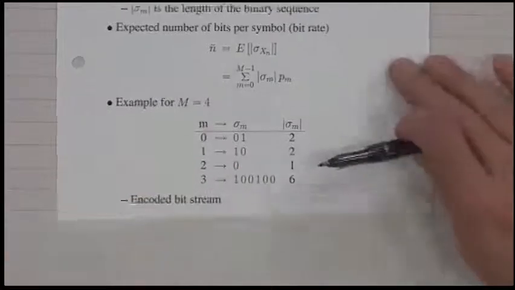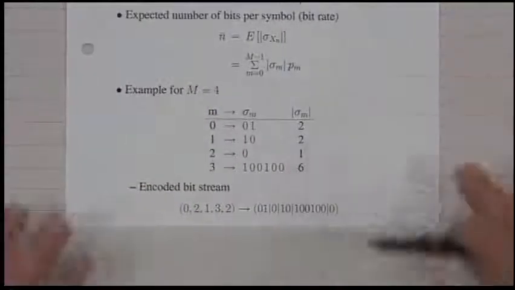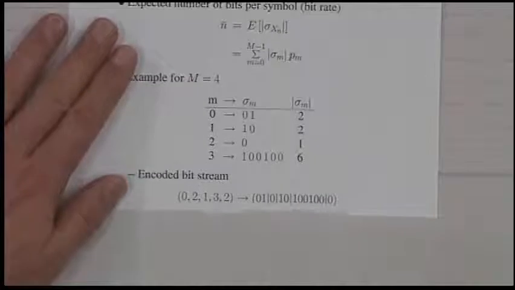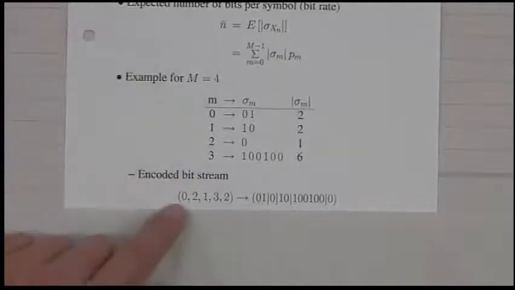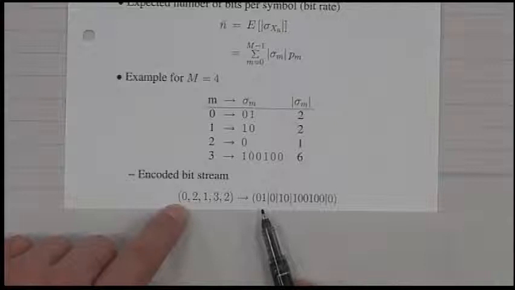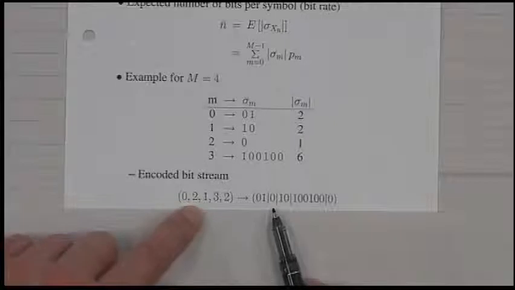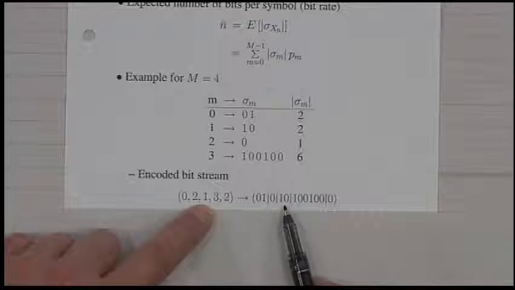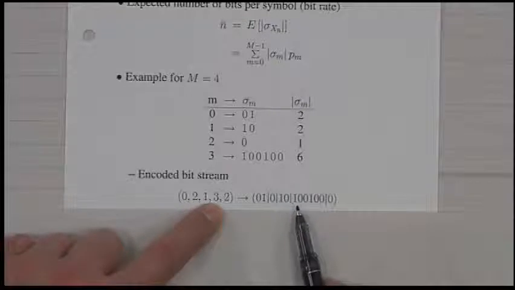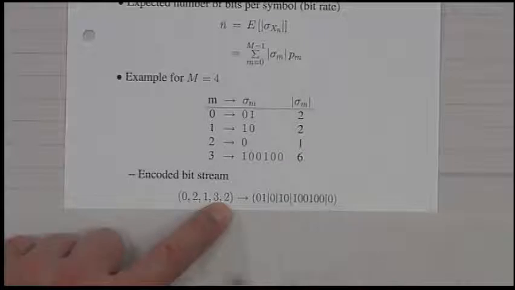Now this is how you would encode a particular symbol stream. The 0 goes to 0, 1, the 2 goes to 0, the 1 goes to 1, 0, the 3 goes to 1, 0, 0, 1, 0, 0, and the 2 goes to 0, right?